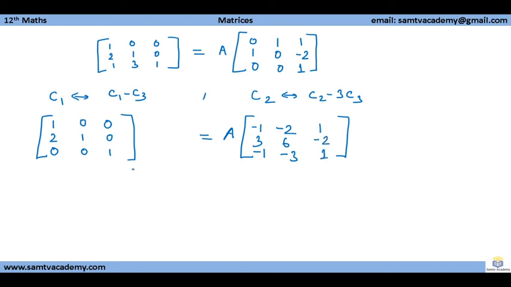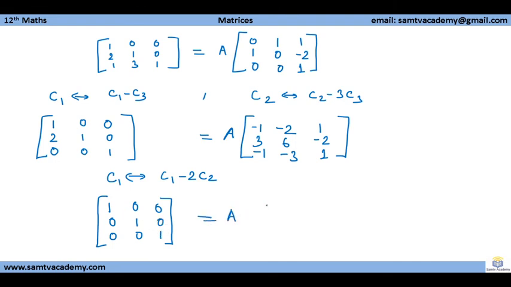Now only one element is remaining that we want to make it 0. So here we can do C1 replaced with C1 minus 2C2. So 1 minus 0 is 1, 2 minus 2 is 0, 0 minus 0 is 0. This is same, 1 0 0 0 1. So we got the identity matrix here.